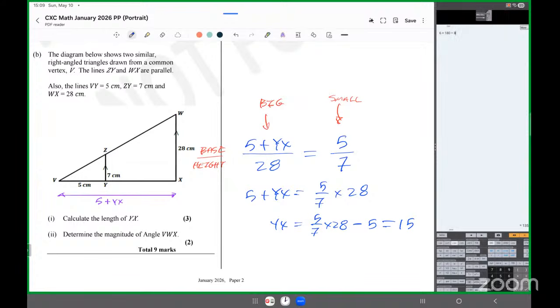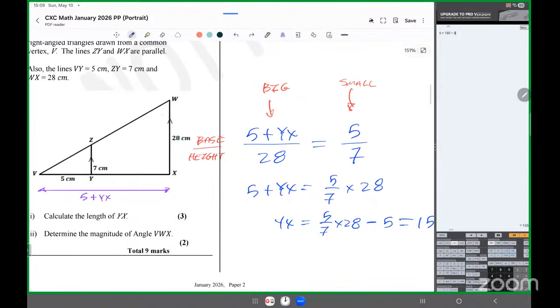Simple as that. Yeah? And now I want us to determine angle VWX. That's the angle up here. We can set up a ratio any way we want.